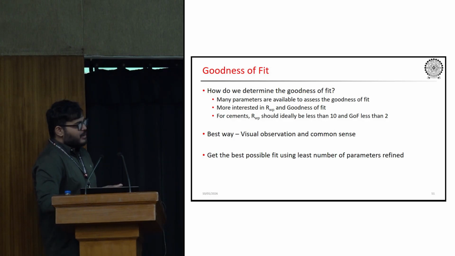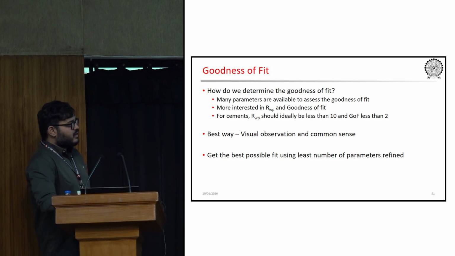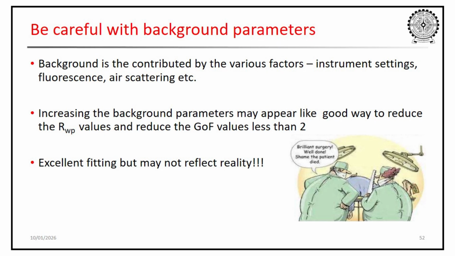Of course, the best way is to visually observe the difference curve between the observed pattern and the calculated pattern and ensure that it is minimal, right? And to get the best possible fit, you have to ensure that you are refining using the least number of parameters, right?